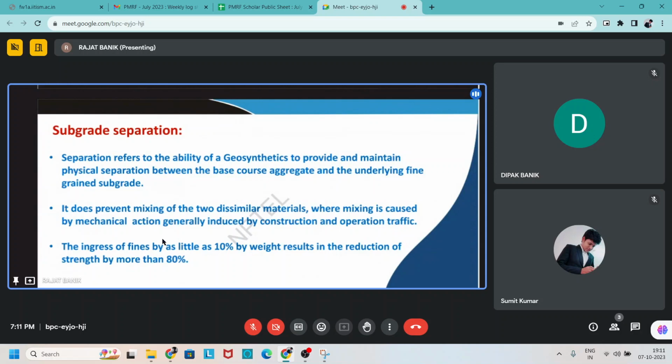So it is important to separate the coarse aggregate from the fine aggregate, because if we mix them, then due to the fines the reduction of strength is more, so we can separate each material.